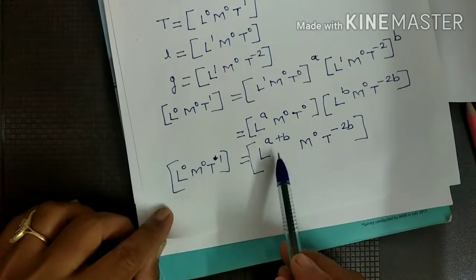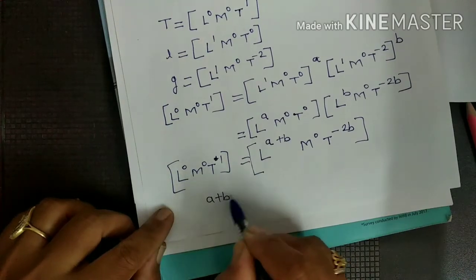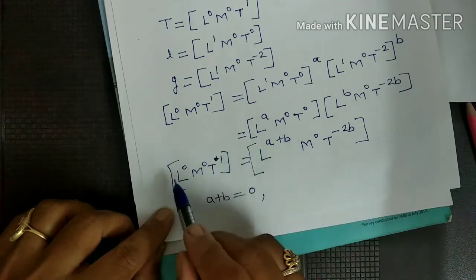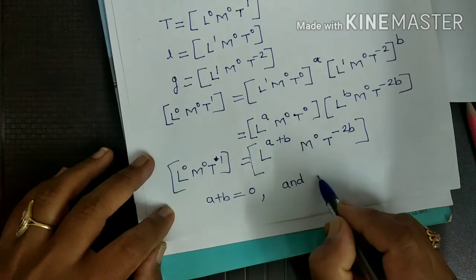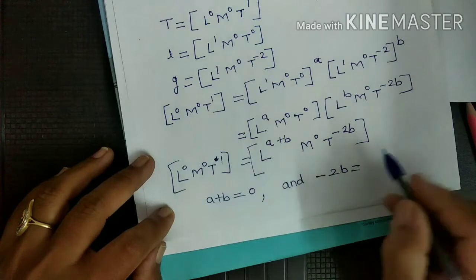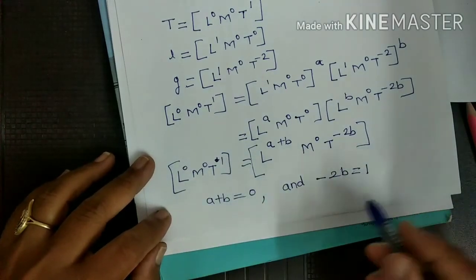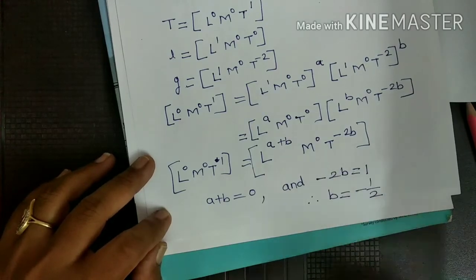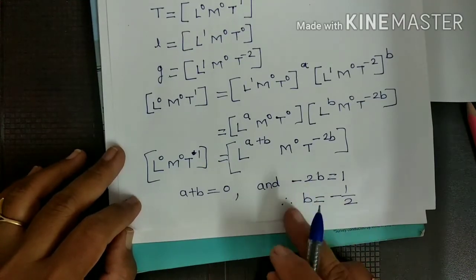See here carefully, from the equation we get a plus b is equal to 0, and minus 2b is equal to the power of T, that is 1. Therefore b is equal to minus 1/2.